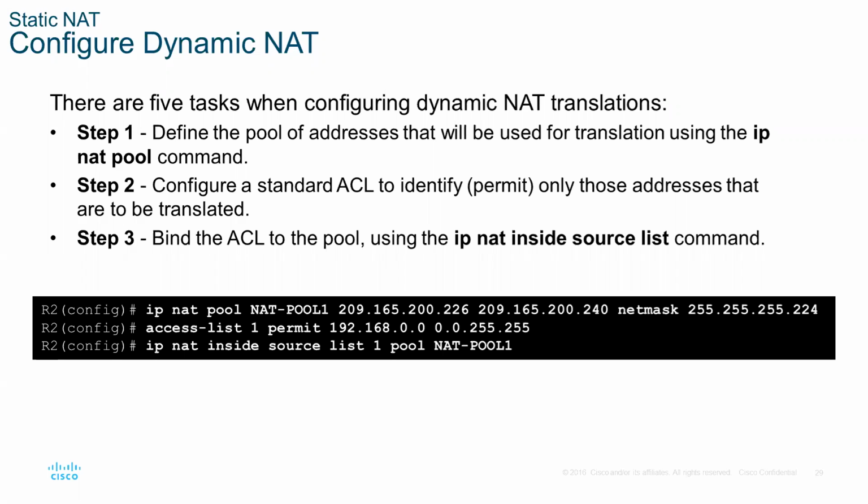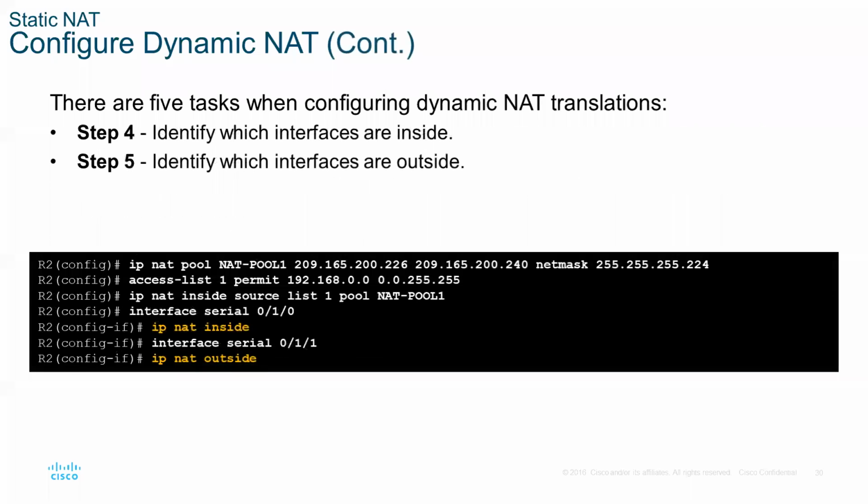The source is access list 1, and we're using a pool of addresses to translate to, and the pool of addresses we're using is NAT pool 1. You then have to apply them to the interfaces. Remember the NAT inside, outside, such as here.